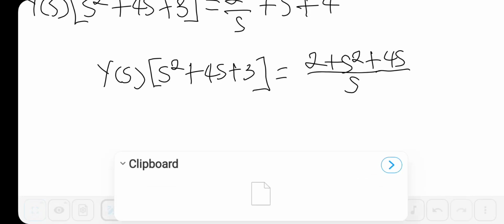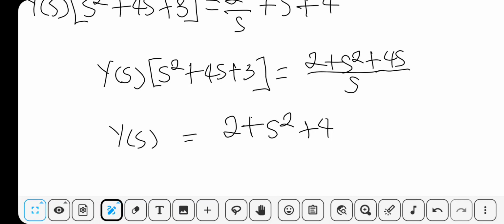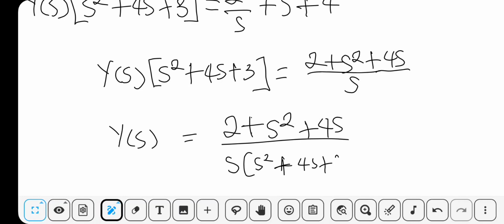And Y of s is equal to, dividing both sides by s squared plus 4s plus 3, gives you this, in order to make Y of s the subject, over s squared plus 4s plus 3.